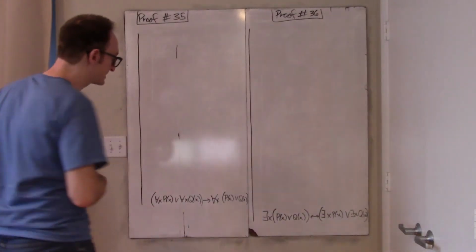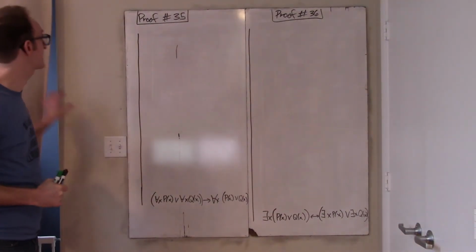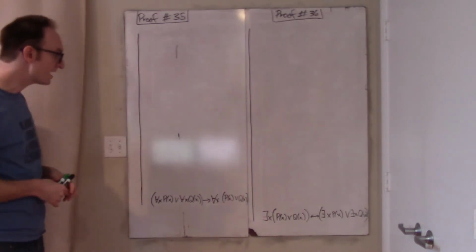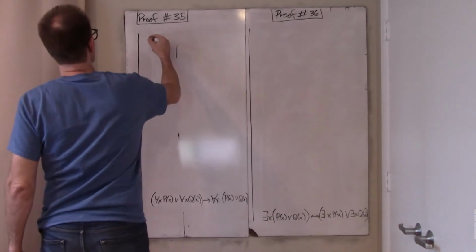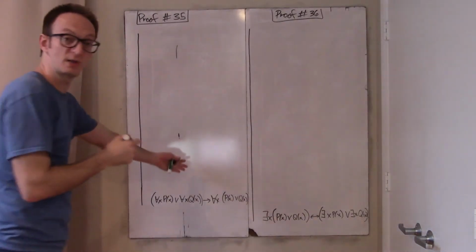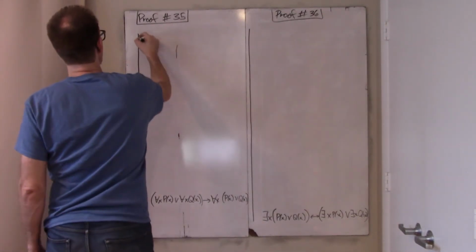The nice thing is that this builds upon our understanding of the Fitch-style predicate proofs. The main connective here is arrow. This is a conditional, and the way we're going to prove this is a tautology. This is something that we're going to prove from no premises. So we have no premises in our argument.